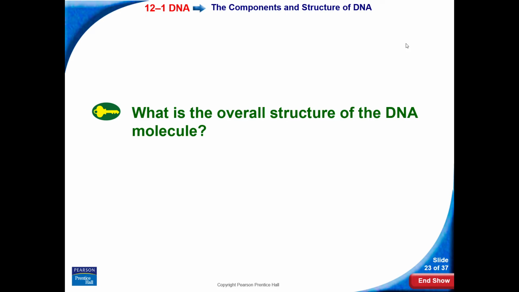So overall, what is the structure of the DNA molecule? Well, up until the time we talked about Avery and all of his associates that worked on the identification of what the molecule was that was actually causing inheritance, and the Hershey and Chase experiment with bacteriophages added to that.